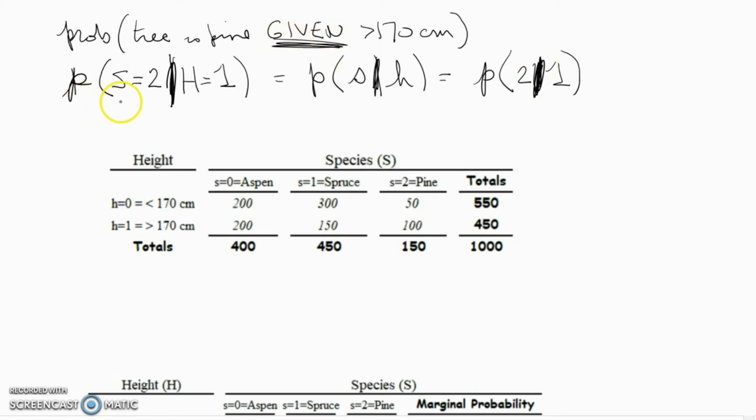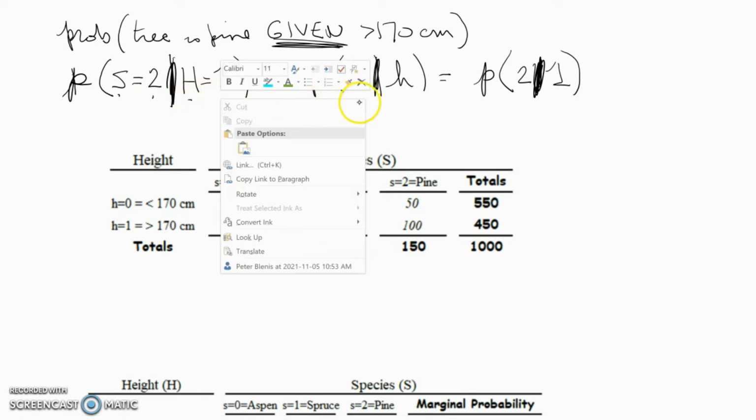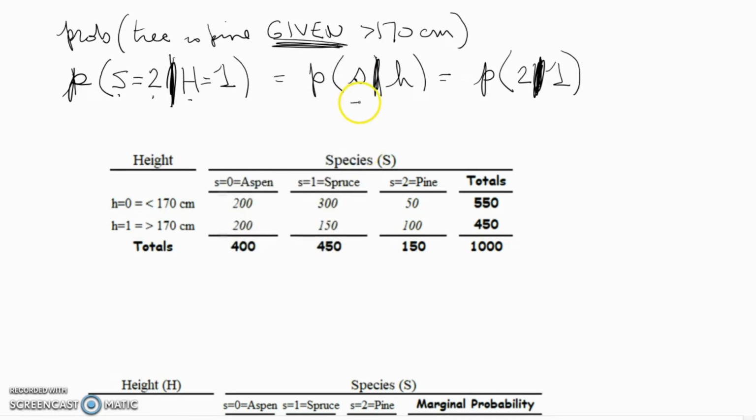So the probability that the random variable S is going to take on a value of 2, given that the random variable H has a value of 1, we can represent like this in a general sense. Or in this particular case, the probability of being a pine, given that it's in height class 1.